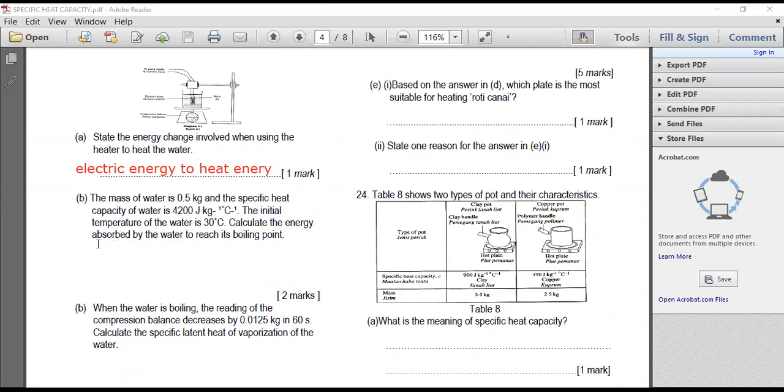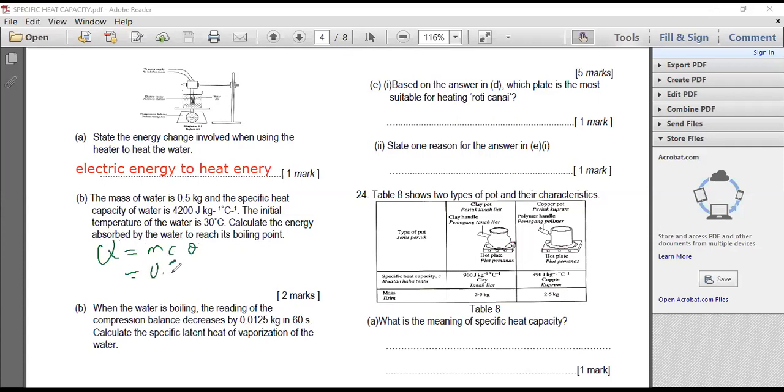Now the mass of water is 0.5 and the specific heat capacity of water is 4,200. Initial temperature of water is 30. Calculate the energy absorbed by the water to reach the boiling point. You can use Q equals mc theta.